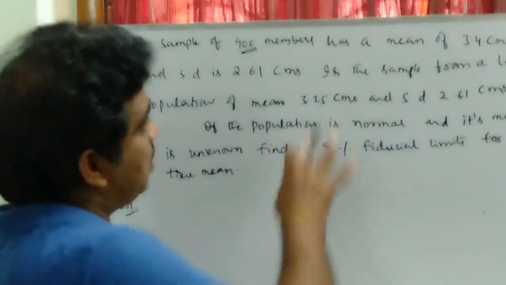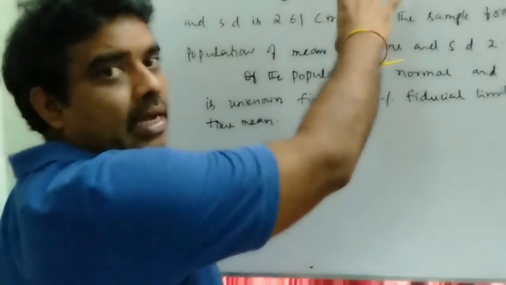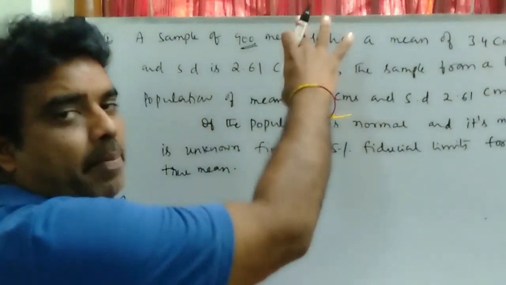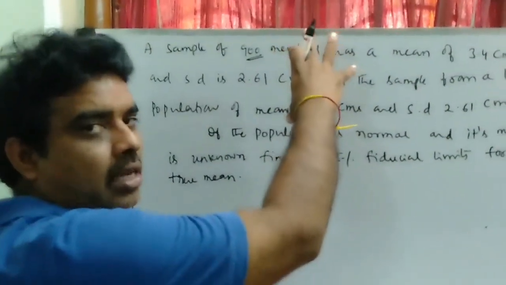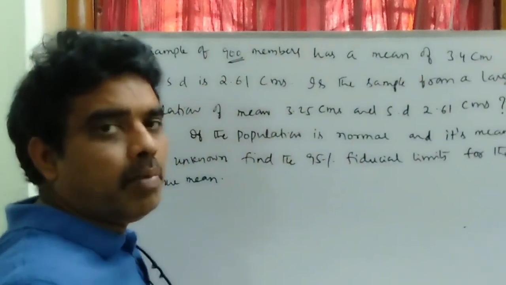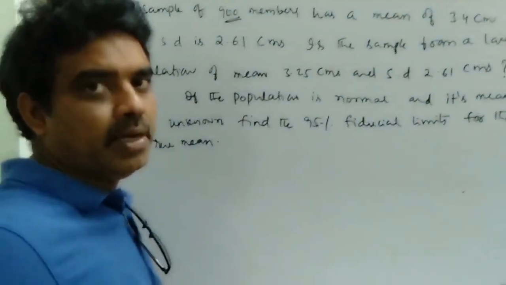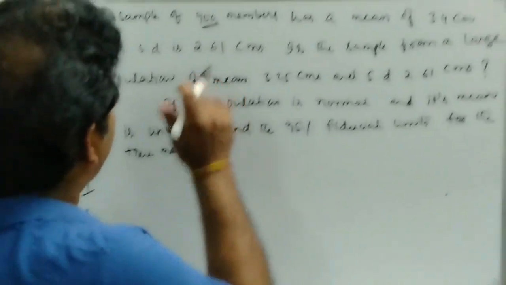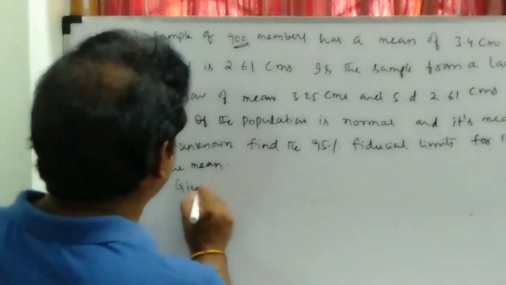Here we have to find the estimated value of mean for 95% confidence. Two problems. First, we have to test the hypothesis, testing the single mean for a large sample. In the second, we have to estimate the population mean using the sample information. First, write the given information.